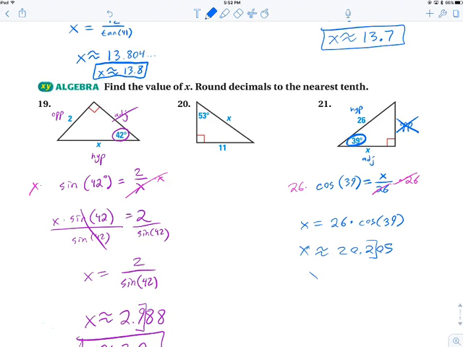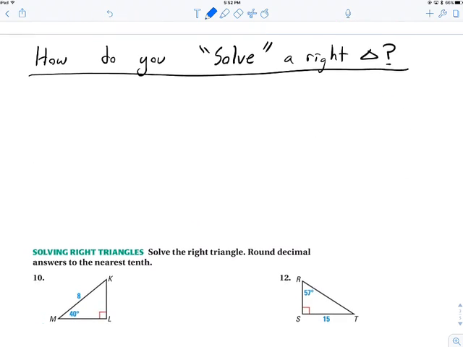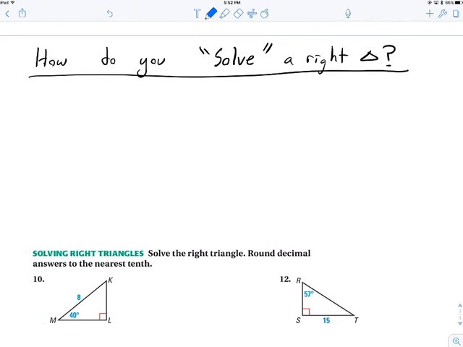Again, chopping that off, I get x is approximately 20.2. Now, some of these problems will ask you to solve a right triangle. I'll mention this again in the future. But when it says solve a right triangle, what this means is find every side length and every angle measure.